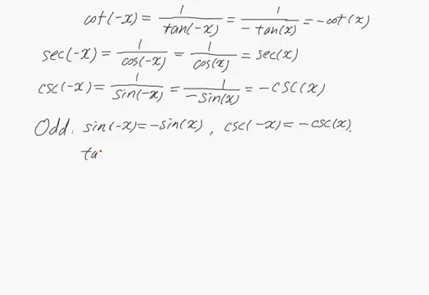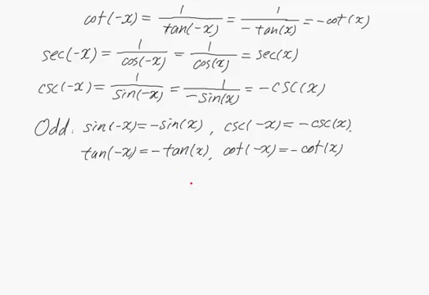And then tangent of the negative x is equal to negative tangent of x. And cotangent of the negative x is equal to negative cotangent of x.